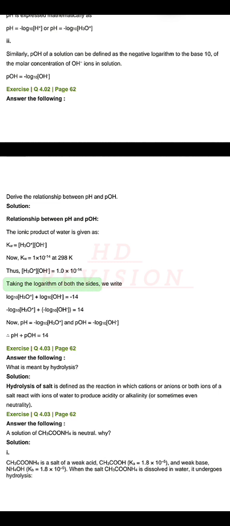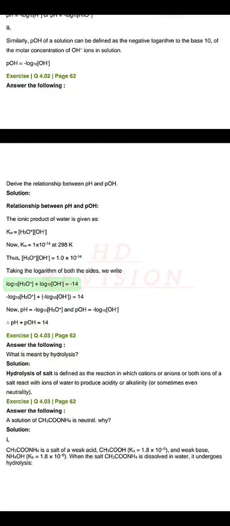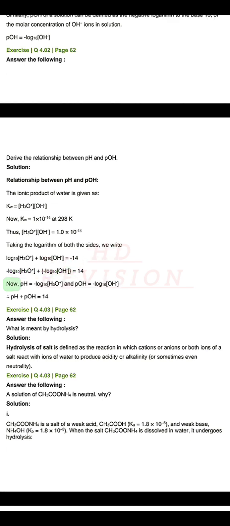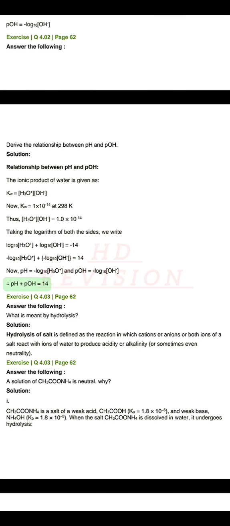Taking the logarithm of both sides, we write log10[H3O+] + log10[OH-] = -14. So -log10[H3O+] - log10[OH-] = 14. Now, pH = -log10[H3O+] and pOH = -log10[OH-]. Therefore pH + pOH = 14.